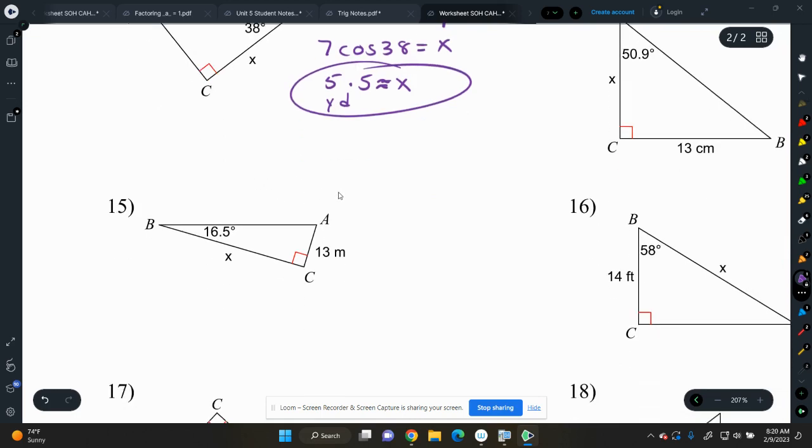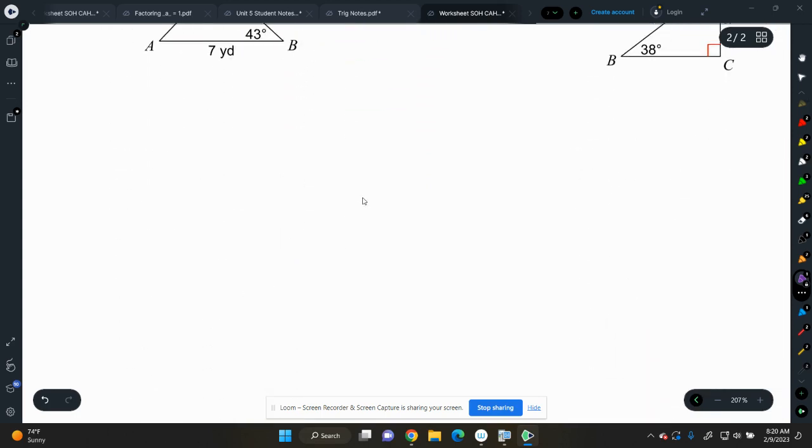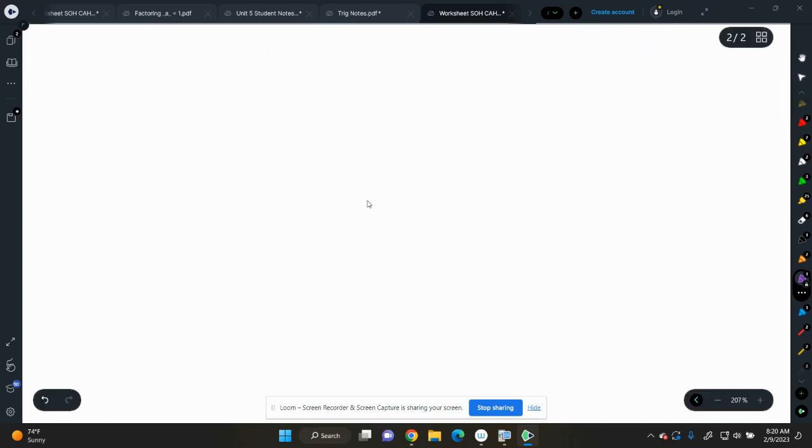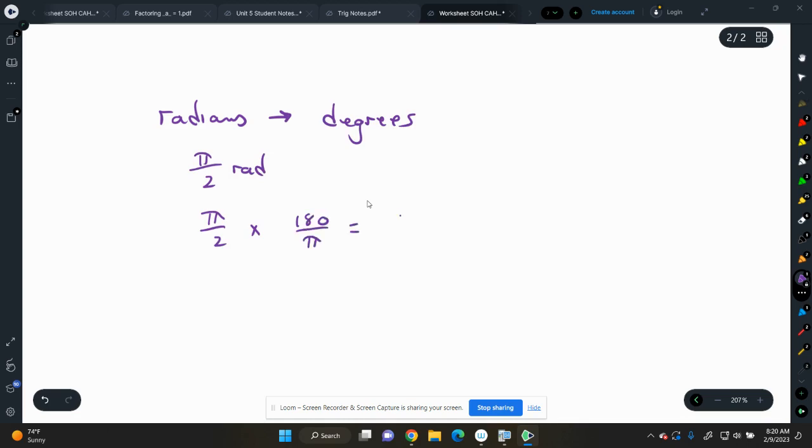Okay. Yeah. Other questions? Yes. So, okay, so to go from radians to degrees, right? So if I have pi over 2 radians, I'm going to do pi over 2 times 180 over pi, which will give me 90 degrees.